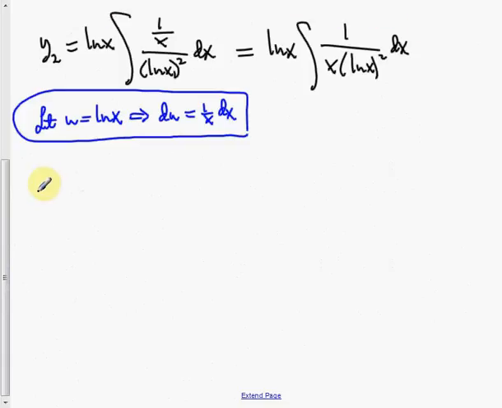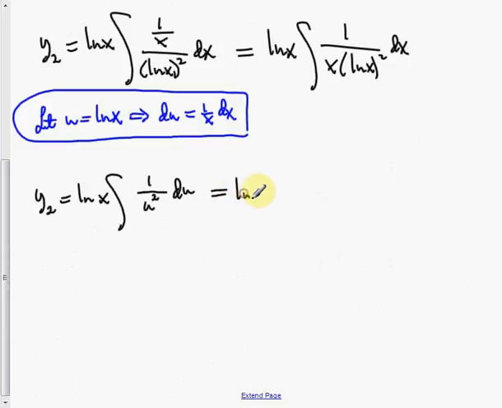So here, y sub 2 is the natural log of x times the integral of 1 over, now this natural log of x here, that's u, so this is u squared. And then that du picks up the 1 over x dx. So the du does everything else for us.